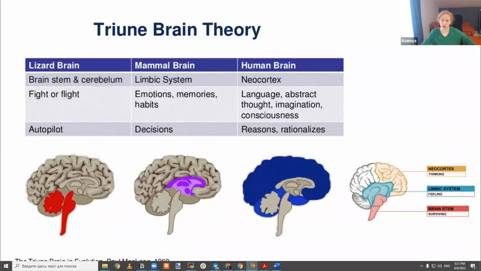So there are about 100 different structures and nuclei in the brain, and we will only talk about some of them. But in order to structure our perceptions, I'll begin by explaining the concept of the triune brain.